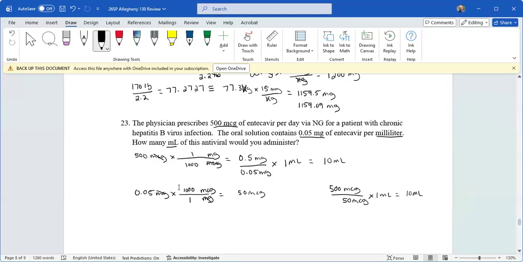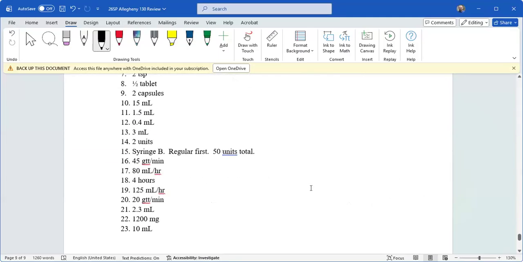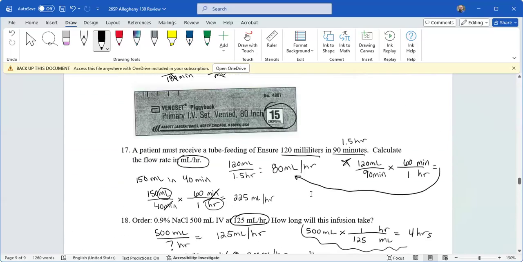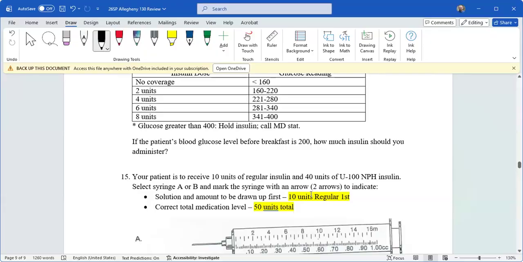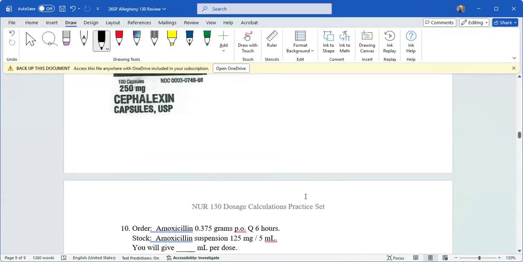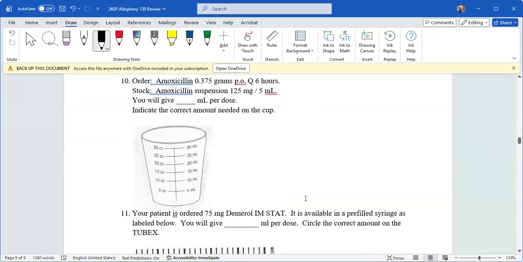Okay. So I said I would go back to some of the questions, the urine replacement volume question, just because I know that's one that sometimes gets missed. I should also add, just like on your Blackboard test, if they ask you to mark the cup, make sure you are marking the cup.